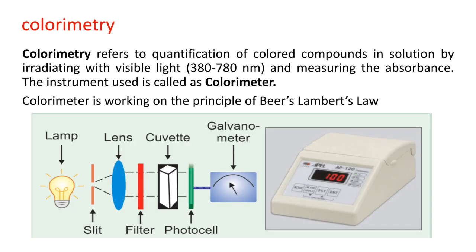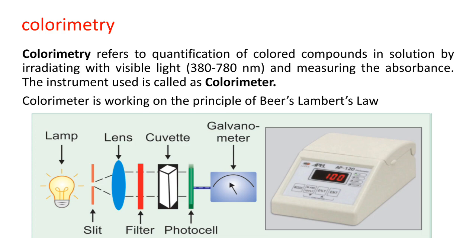So, coming to colorimetry, one of the photometric techniques. Colorimetry refers to the quantification of colored compounds in a solution by irradiating with visible light, with wavelength ranging from 380 to 780 nanometers, and measuring the absorbance.